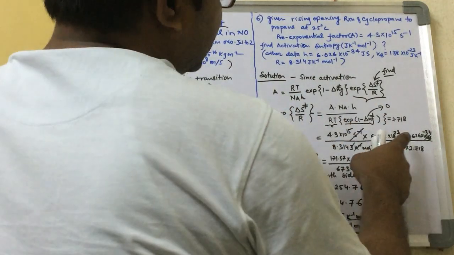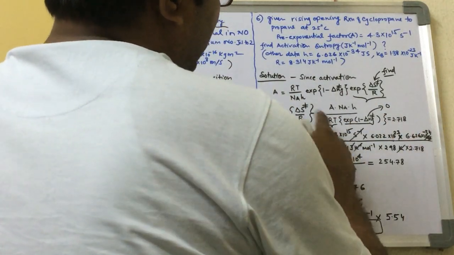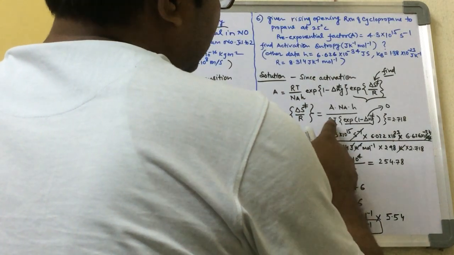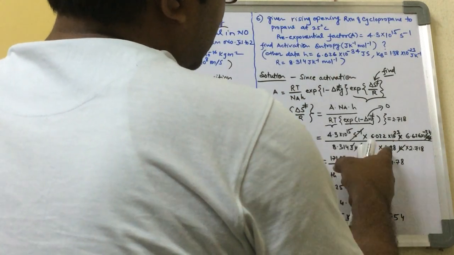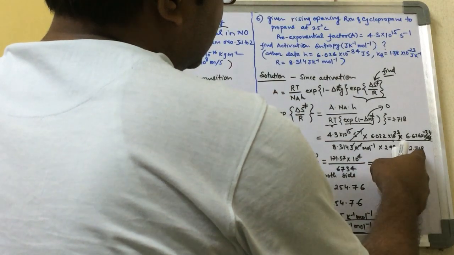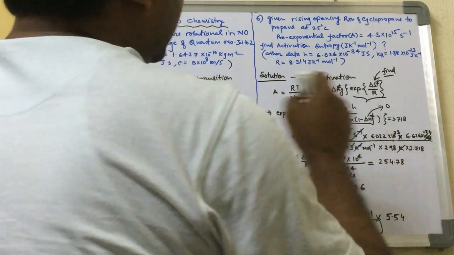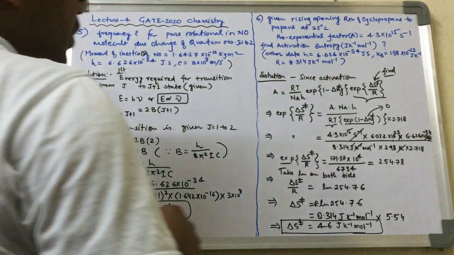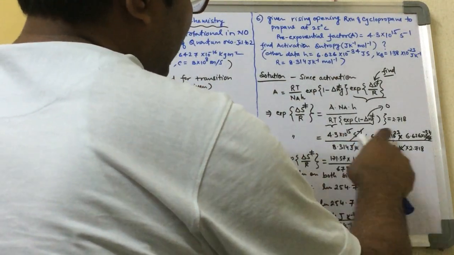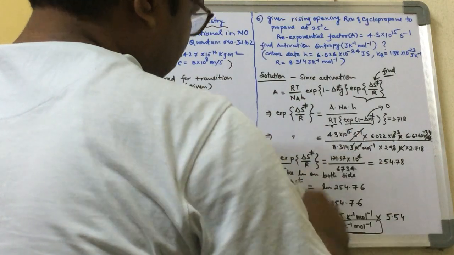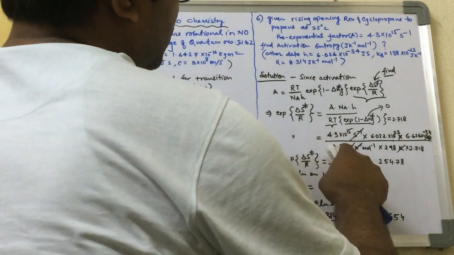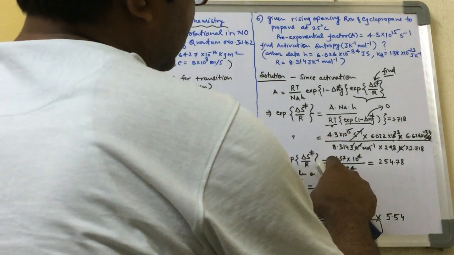Planck constant is given, and R gas constant is given, T is room temperature 25 converted to Kelvin, and this 2.71 exponential value. Okay, now after solving this, we will get this value.